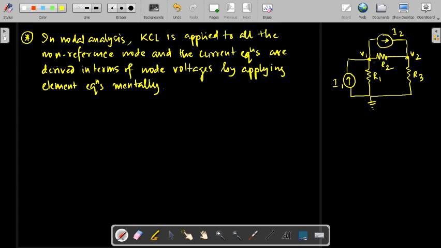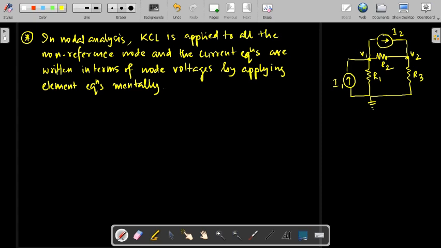We have written the current equations that we got from KCL at the different non-reference nodes.